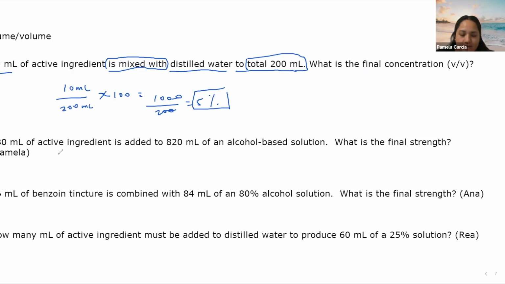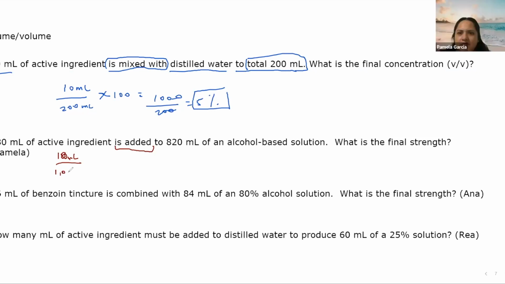It's 180 over 820, right? Over, what does it say here? Added, yes, is 820. So how much is that when you add the two of them together?